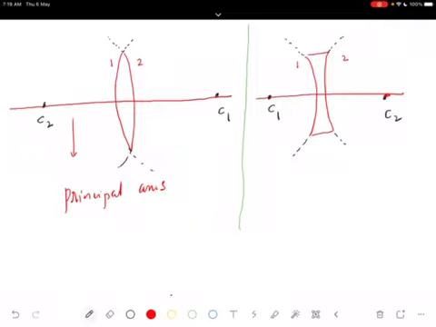Next point, one more point we'll add. You can see a center point on the principal axis which is inside the lens, the center point of the lens, which is lying on the principal axis. It is represented by O. This is known as the optical center.